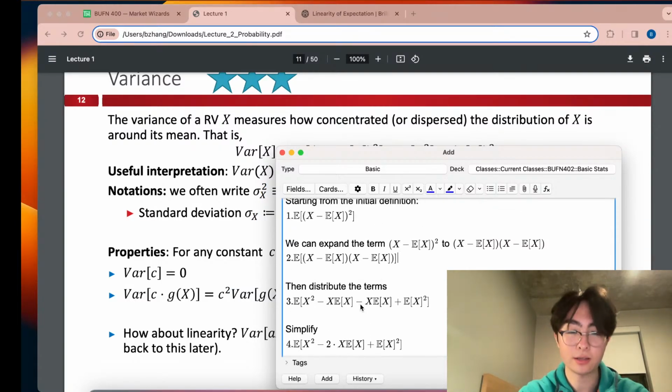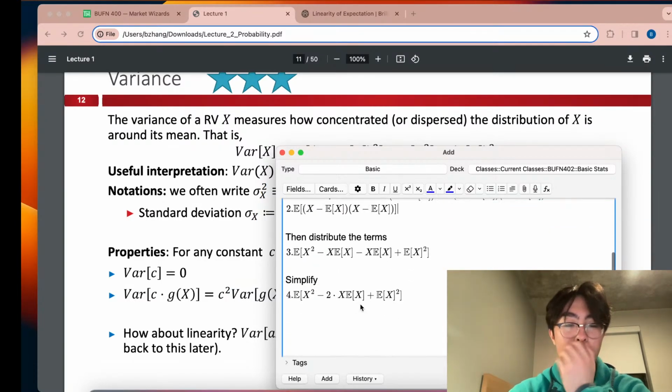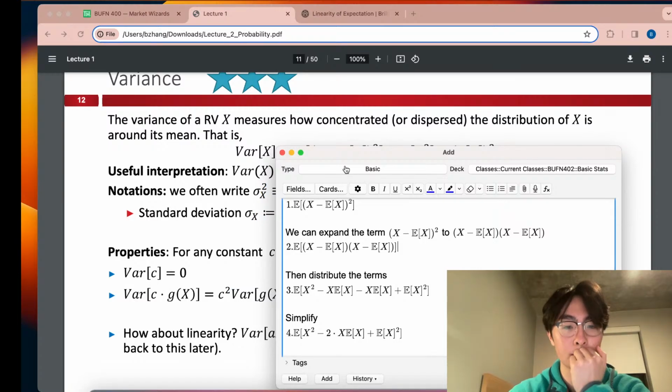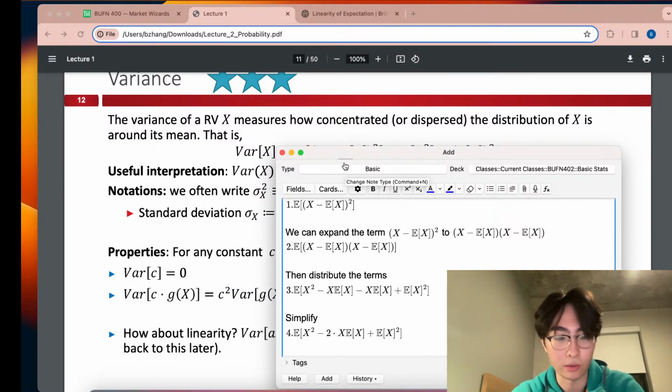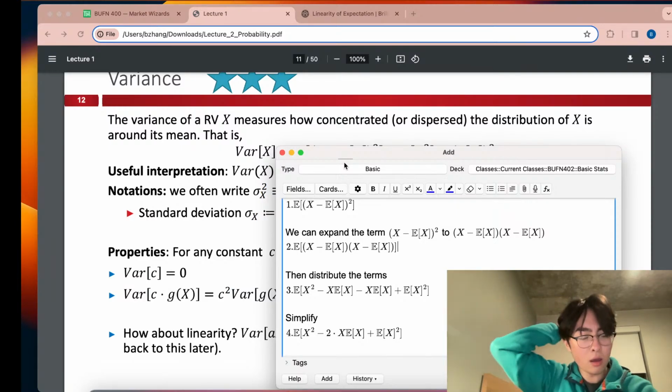Okay, I'm kind of stuck here. So what do we know about the expectation? Again, it's linear, so expectation of x plus expectation of y.